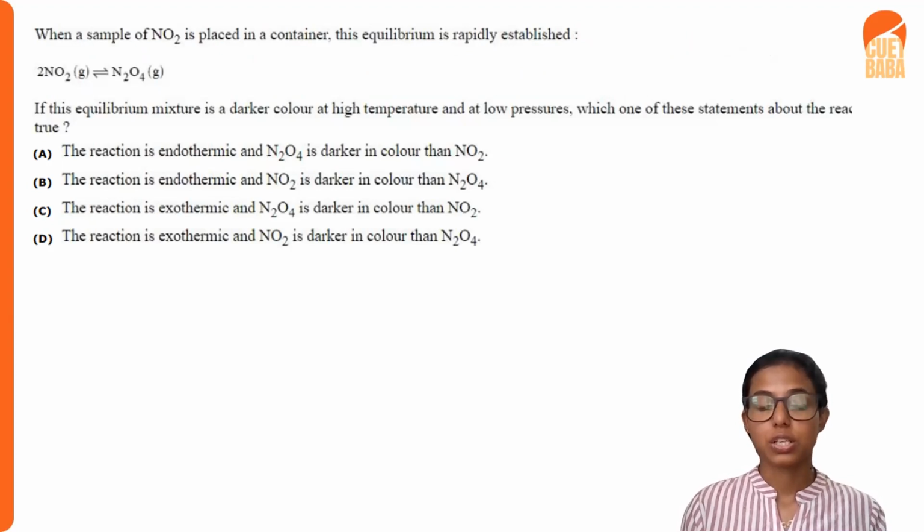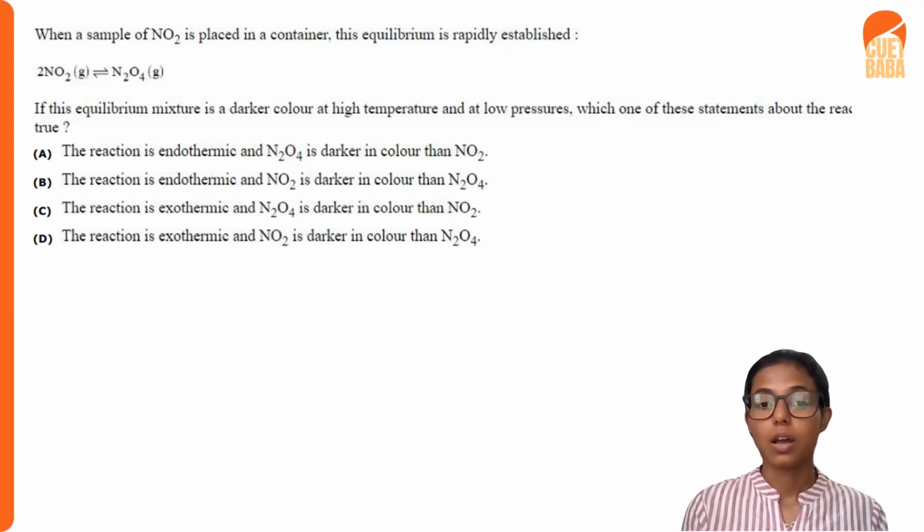Option A, the reaction is endothermic and N2O4 is darker in color than NO2. B, the reaction is endothermic and NO2 is darker in color than N2O4. C, the reaction is exothermic and N2O4 is darker in color than NO2. And D, the reaction is exothermic and NO2 is darker in color than N2O4.